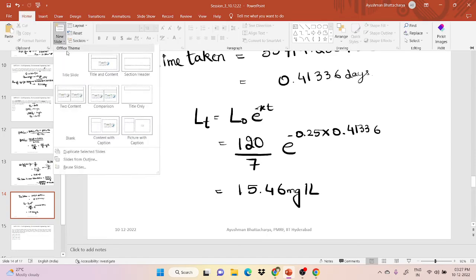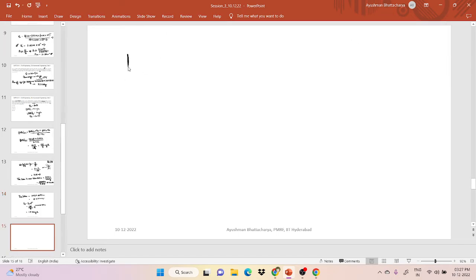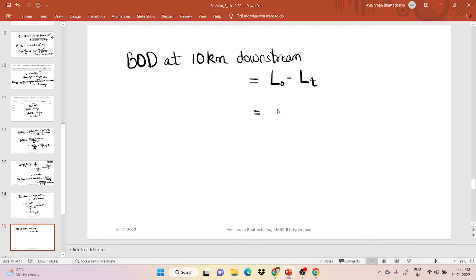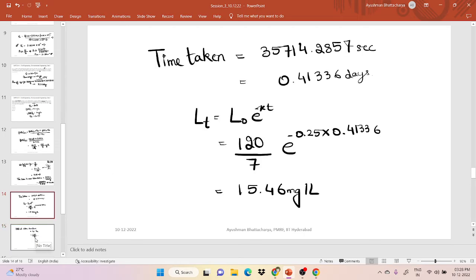Now we have to calculate the BOD at 10 kilometer downstream. It will be L naught minus L t. L naught came out to be 120 by 7, and L t we just now calculated, it is 15.46.